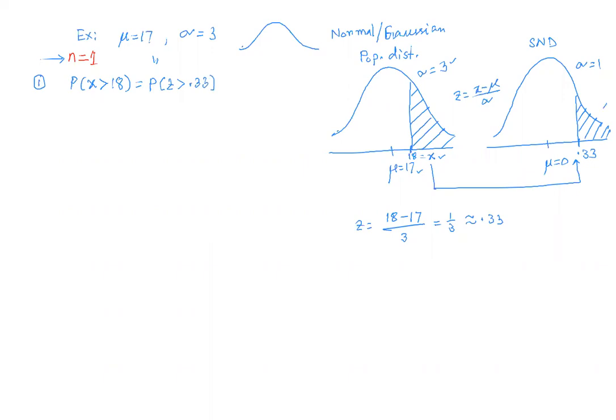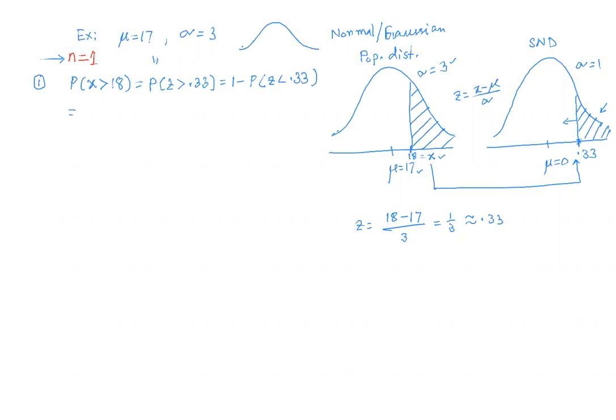But if you look it up in the table for the standard normal distribution, you get the area to the left of this point, 0.33. So how do I get the area to the right? You subtract it from 1, which gives you the complement: 1 minus the probability that Z is less than 0.33.